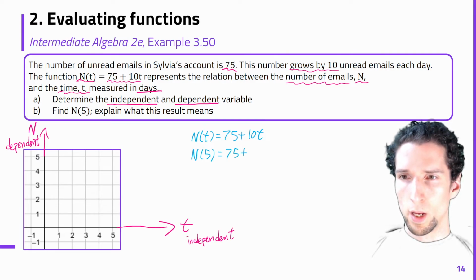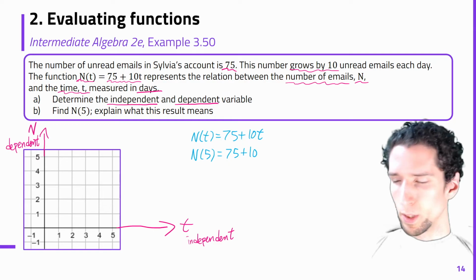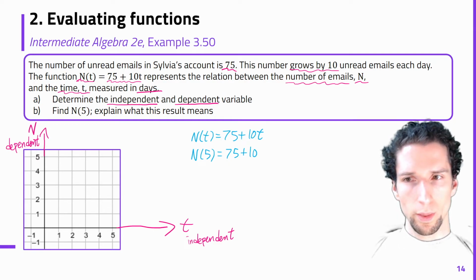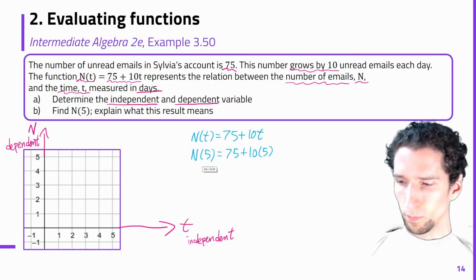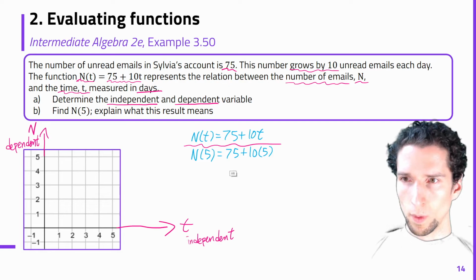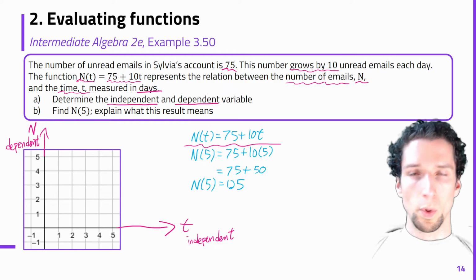How do we do this? We just replace the t with that 5. So 10 times 5, and when we do that, we get 75 plus 10 times 5, 50, so 125. So n of 5 is equal to 125.